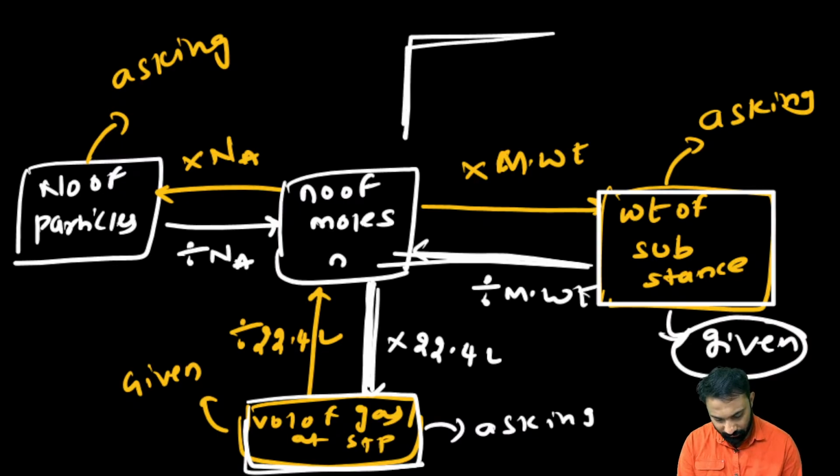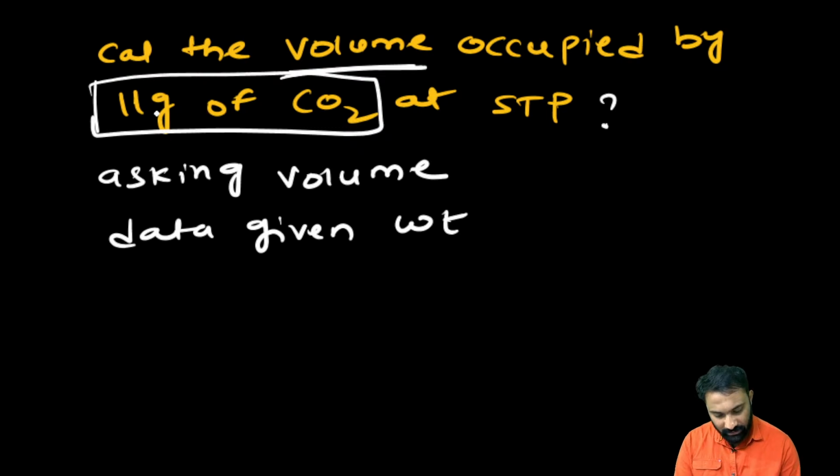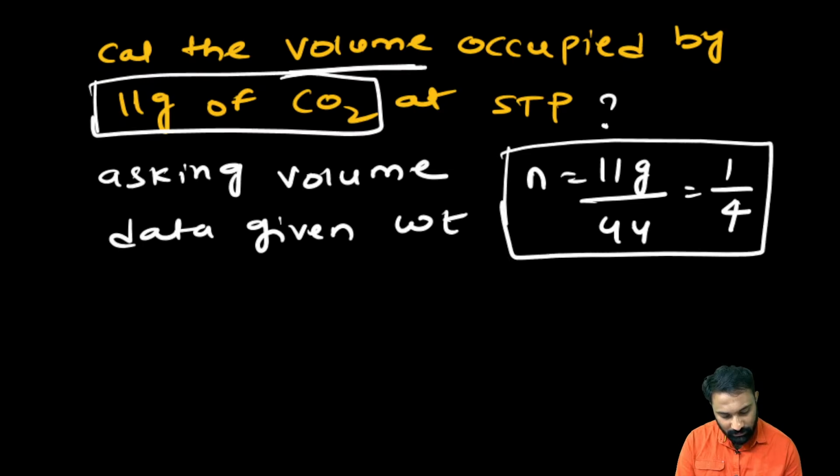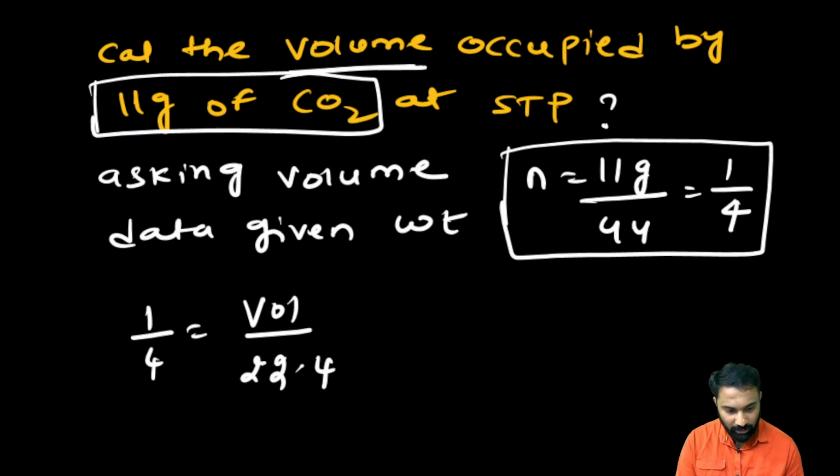Now see. First, weight they have given. Find the number of moles: 11 grams by 44 gives you 1 by 4 mole. After getting the number of moles, 1 by 4 into volume by 22.4. Just cross multiply.